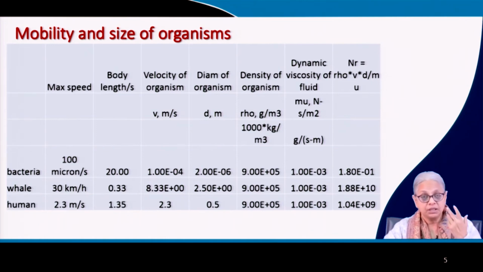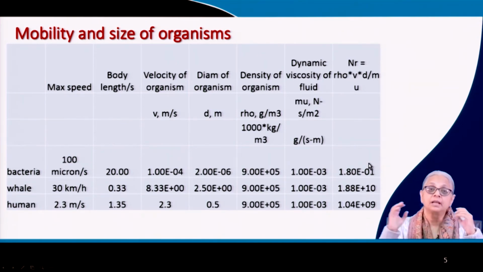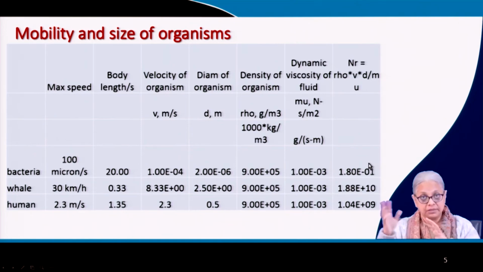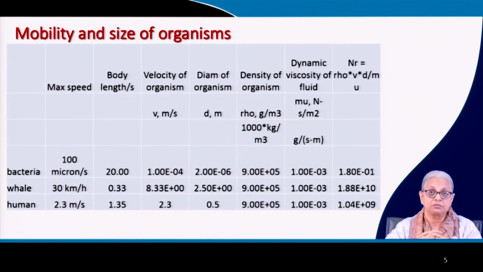For them, because of their small size, it's the viscosity that rules, and that is evident over here. Now this, like I said, is the opposite of the cellular advantage. They're able to get their nutrients, but movement is difficult. And movement, when they do have to do it, is generally in response to a requirement for nutrients. So they do have to move in response to their requirement for food.